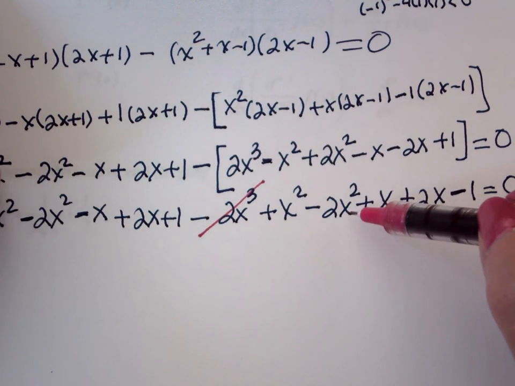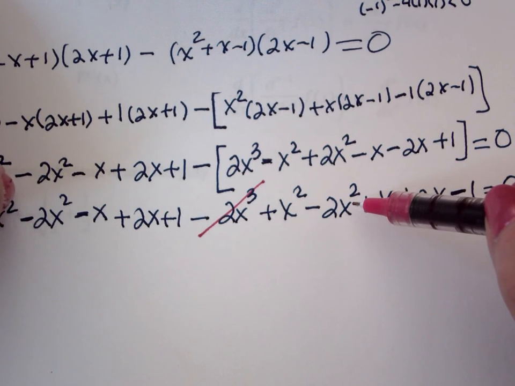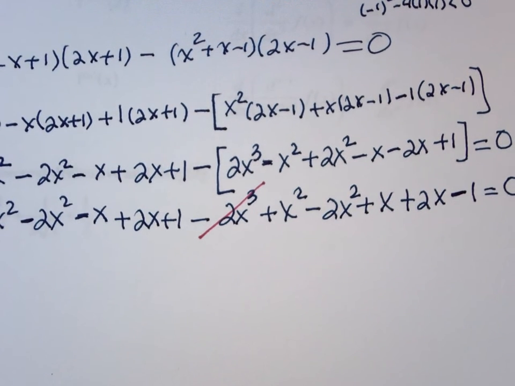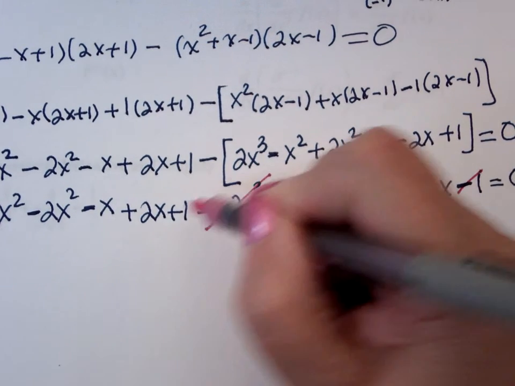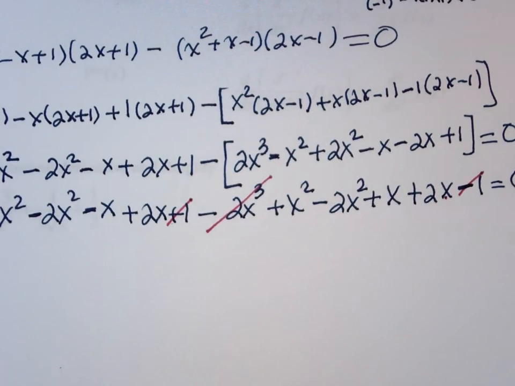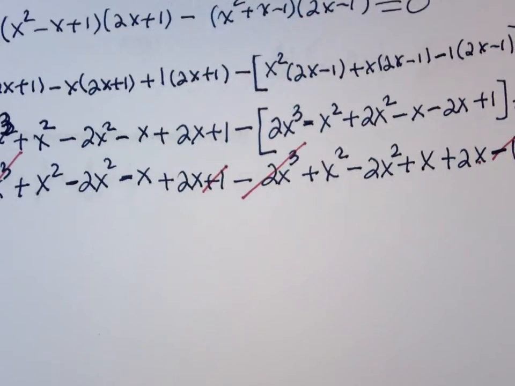Well, here's a 2x squared. I got x squareds everywhere. So let's try to bring these things together. Here's a minus 1, and there's a plus 1. And let's see if we can bring the x squareds in, and that'll be a little bit better.